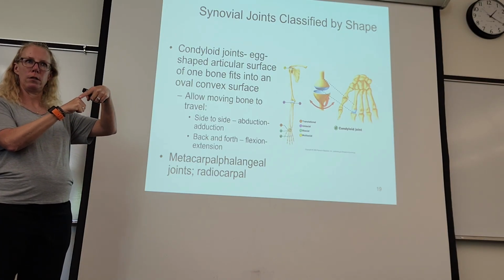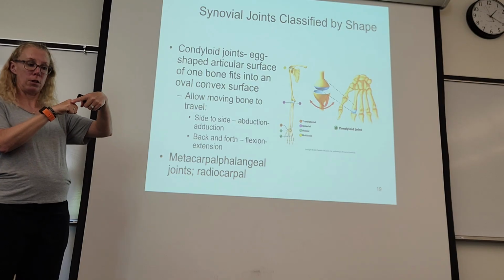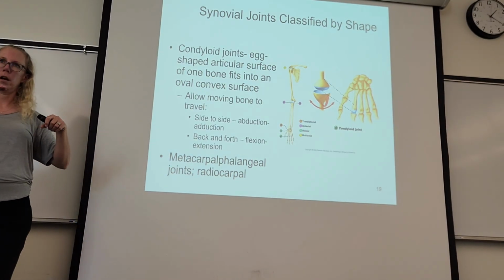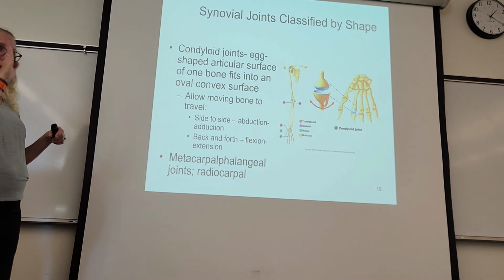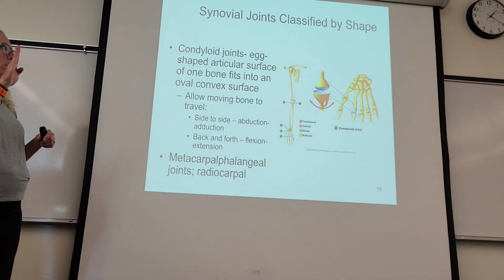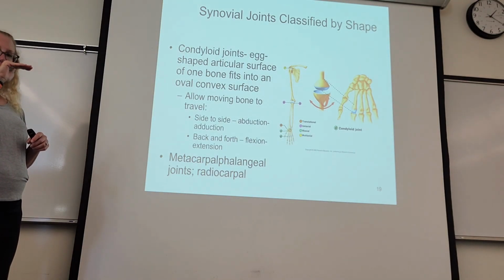What do we call these joints? Layman terms. Knuckles. These are your knuckles. So your metacarpal phalangeal joints are your knuckles, all right? So your knuckles, you can do two motions, okay? Two different directional movements. You can flex them and extend them, okay?